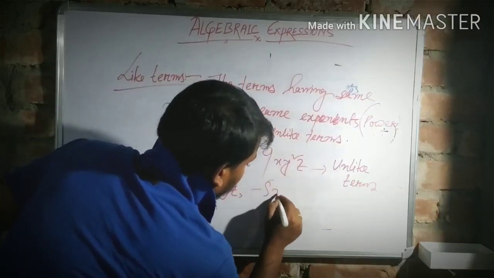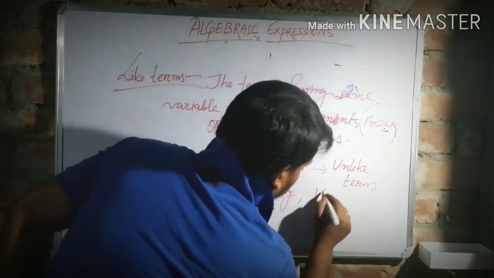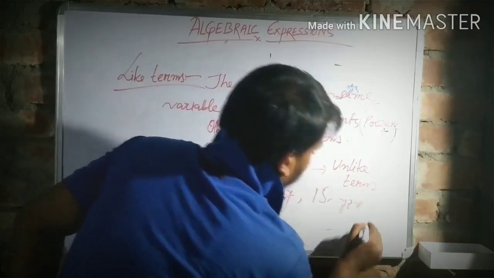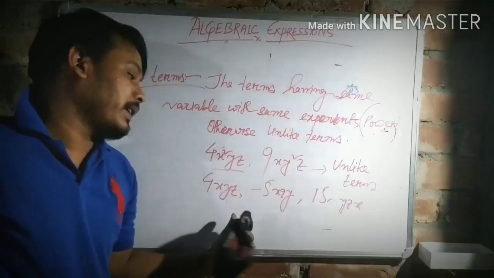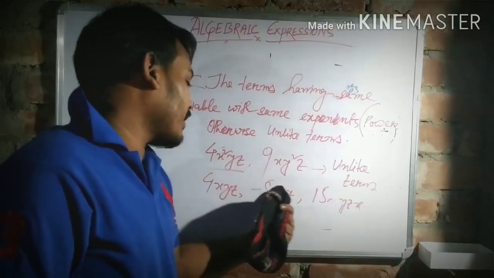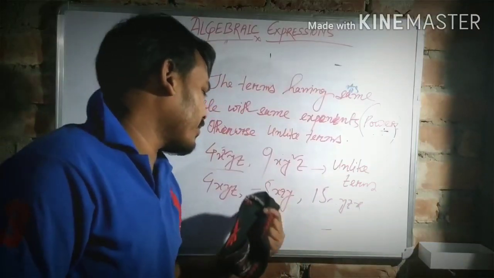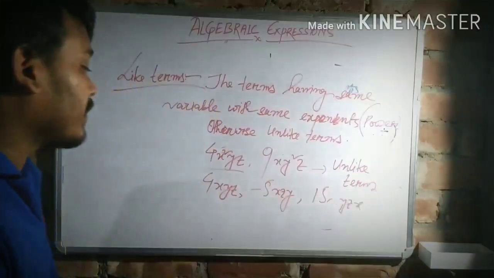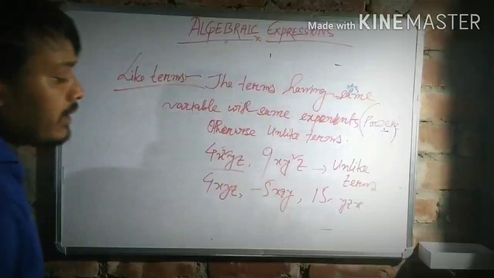Okay. Example of like terms: 4xyz, minus 5xzy, 15yzx. In all three terms x, y, z is there and the powers are the same. The power of x, y and z is 1 in all three terms. So these are like terms.